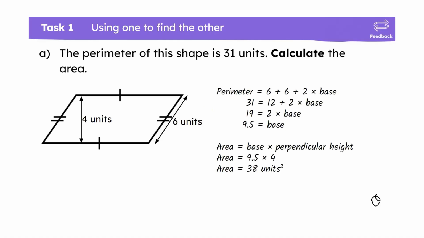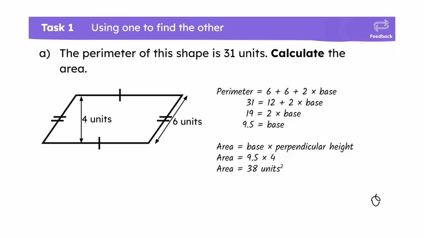Welcome back. Let's go through these two. For A, you were told the perimeter was 31. This means that the perimeter, i.e. the sum of all the edges, is equal to 31. Well, I can see that the two parallel slanted lengths will be 6.